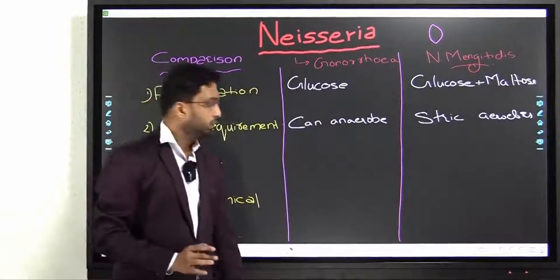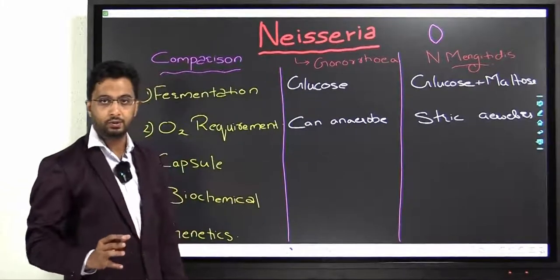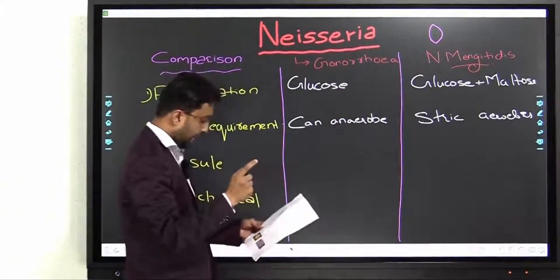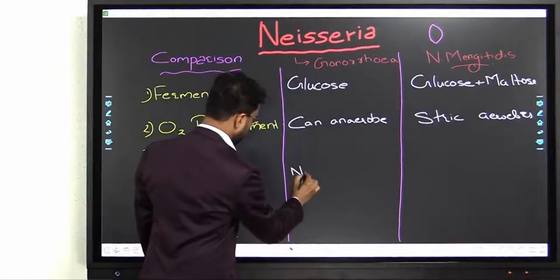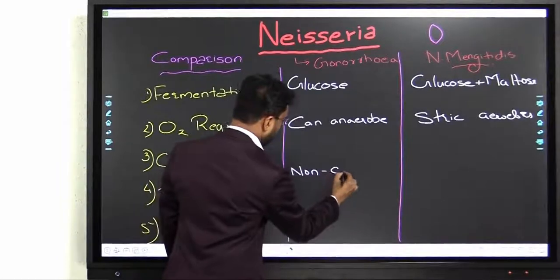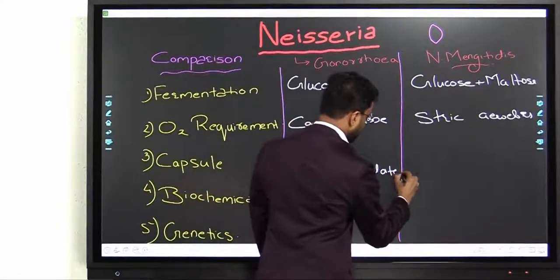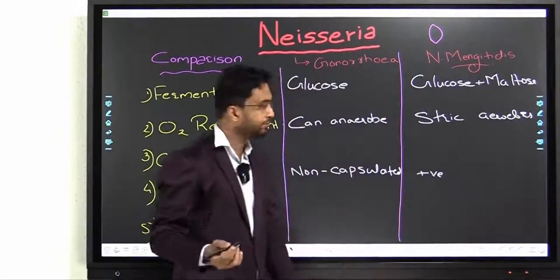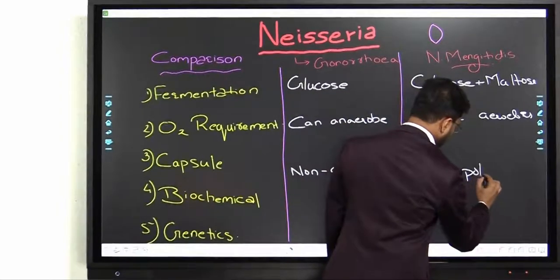Now the next property is the capsule. Are they capsulated or not? Remember, the gonorrhoeae are non-capsulated. Don't confuse, again I'll tell you how to remember. Whereas meningitidis are capsulated, and the capsule is polysaccharide. Remember this, it's very important.